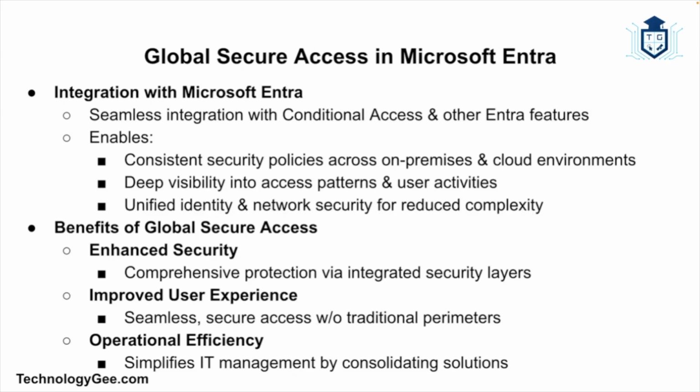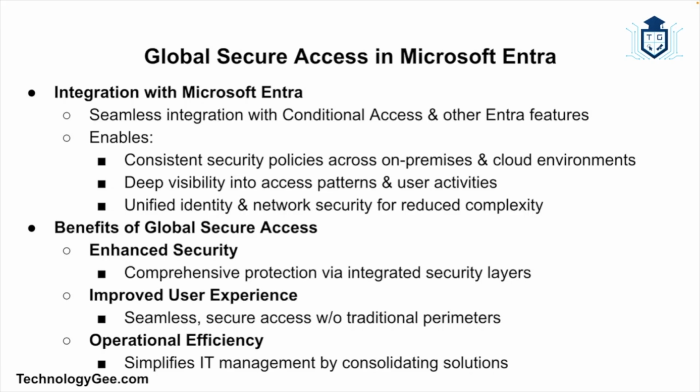Next, let's talk about its integration with Microsoft Entra. Global Secure Access integrates seamlessly with Conditional Access and other Entra capabilities, and it enables organizations to enforce consistent security policies across on-premises and cloud environments. It allows you to gain deep visibility into access patterns and user activities, and it reduces complexity with a unified platform for identity and network security.